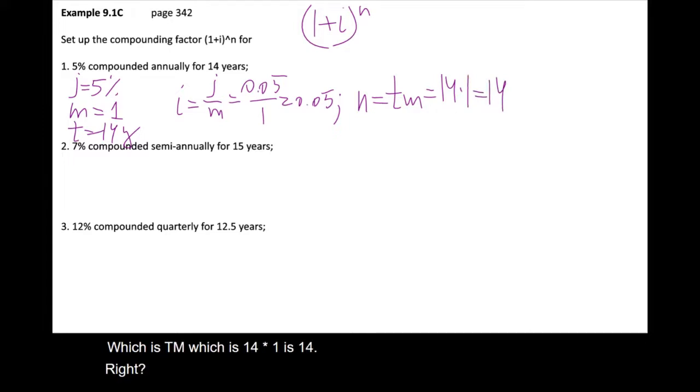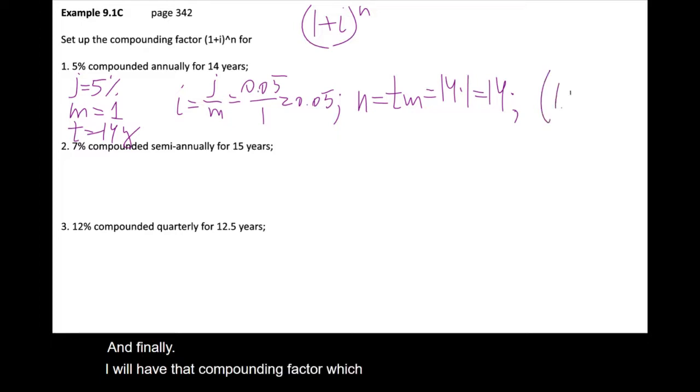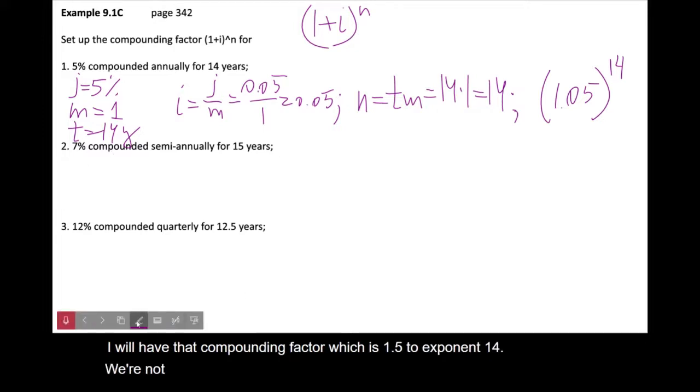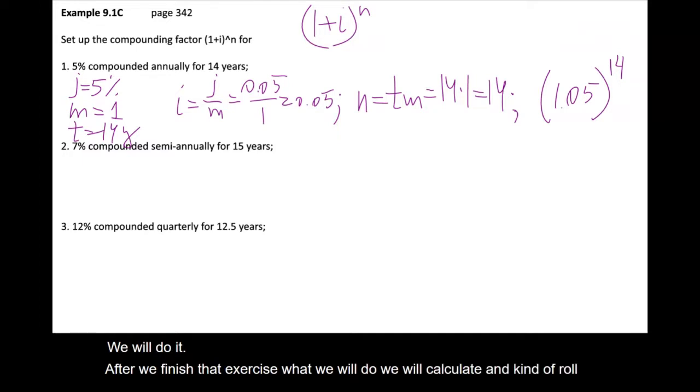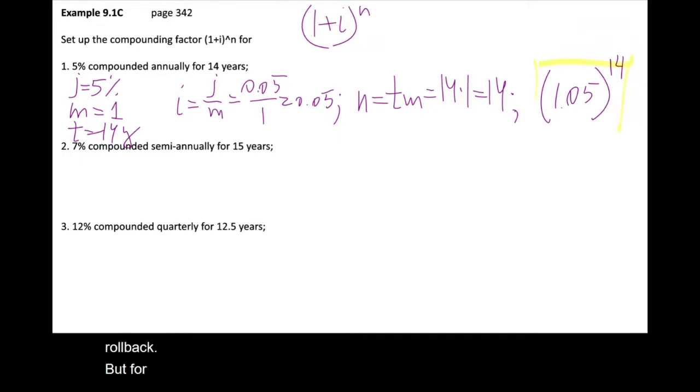And finally, the compounding factor is 1.05 to exponent 14. We're not going to calculate it now. We will do it after we finish this exercise, where we will calculate and roll back. But for now, that is the answer.